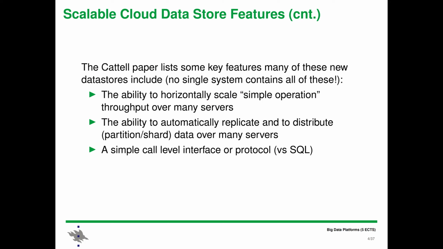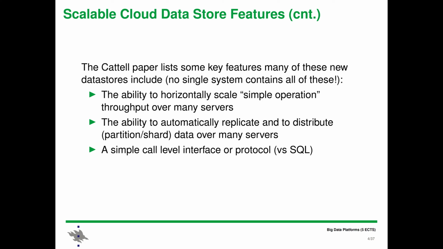Cloud data stores were originally developed for, let's say, internet scale service backends. If you have a video service like, for example, Netflix, you need a data store that's able to cope with the millions and millions of clients you have. To do so, you want a data store that is able to scale to hundreds, if not thousands, of servers.